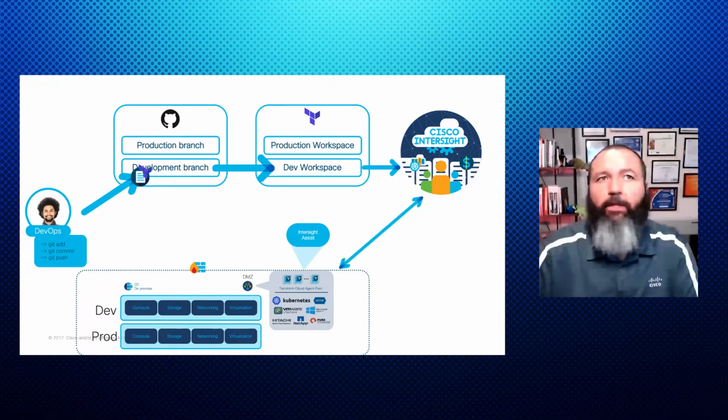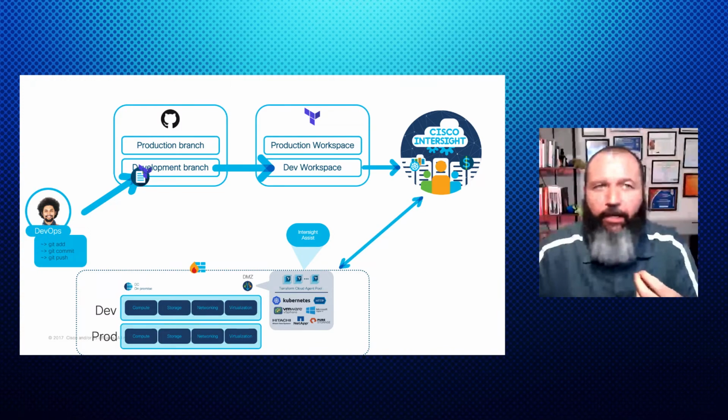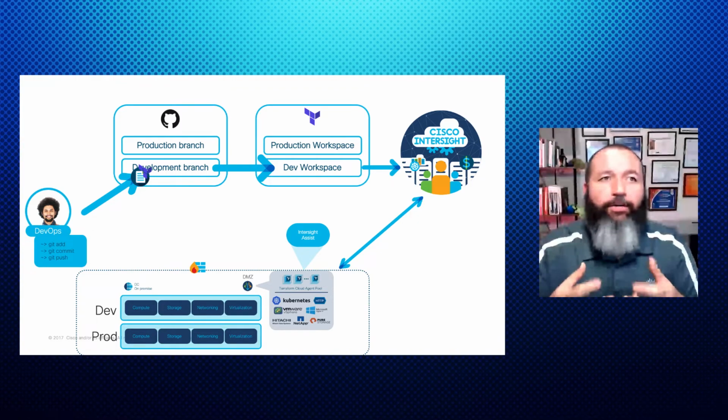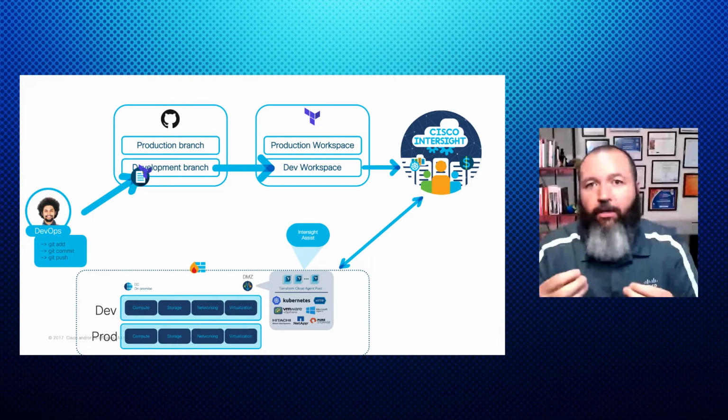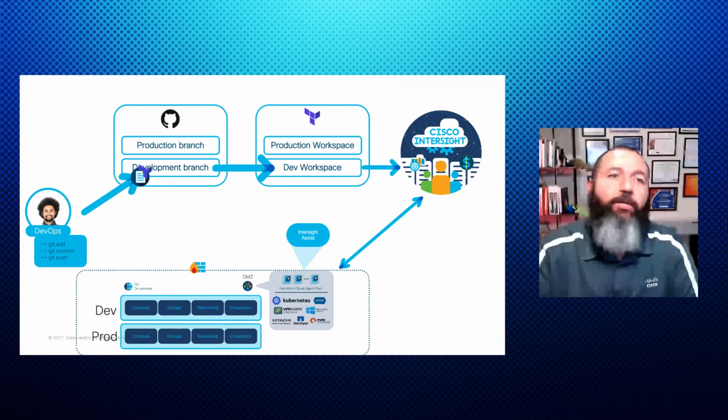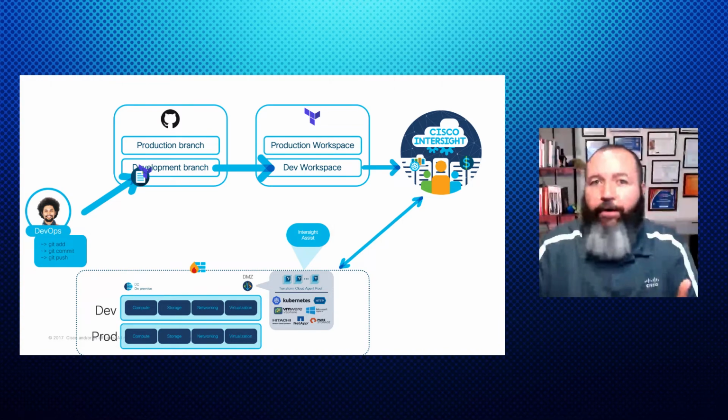Cisco Intersight will at the same time connect with Intersight Assist. That Intersight Assist will have the entire Terraform Cloud agent pool. That agent will actually connect on-premises with our infrastructure.